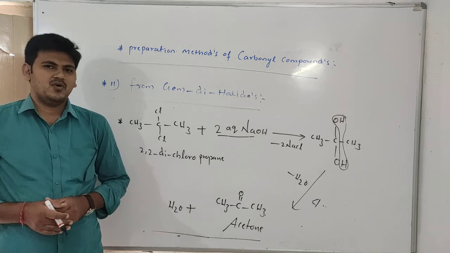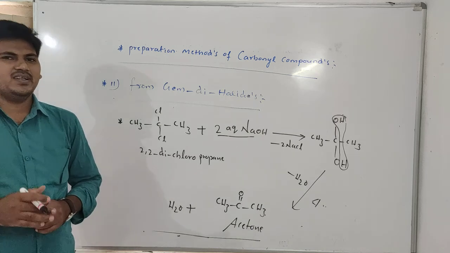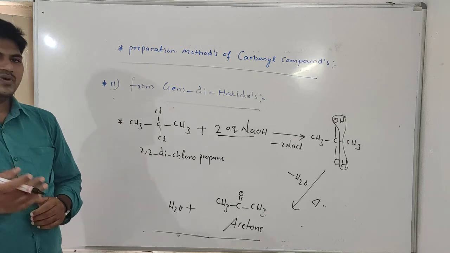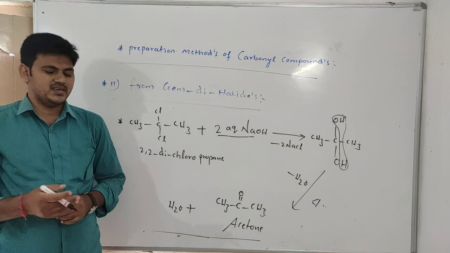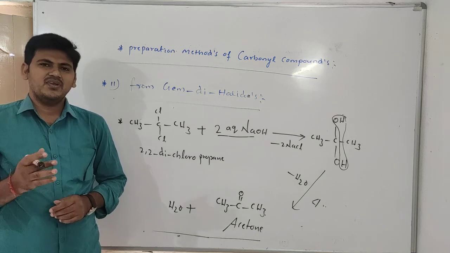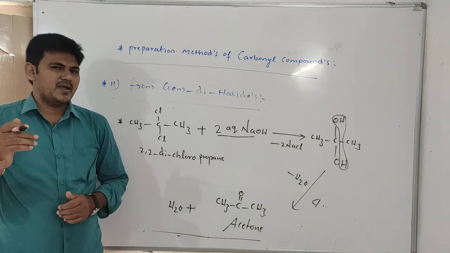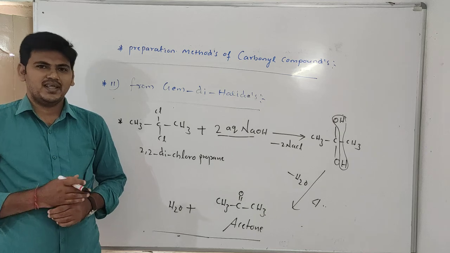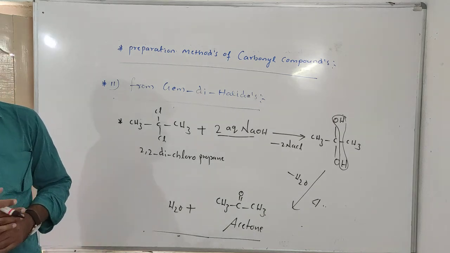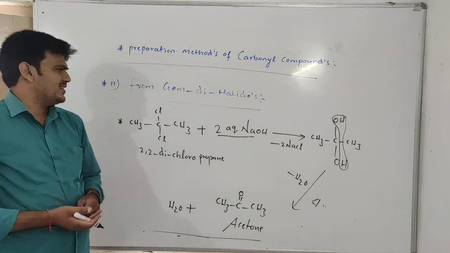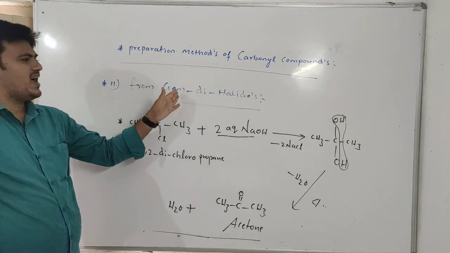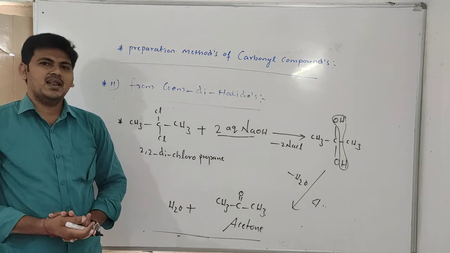So first one from alcohols, second one also alcohols, third one is alkenes or Wacker's process, fourth one is from alkynes, and fifth one very important name reaction, that is Rosenmund's reaction, and sixth one Friedel-Crafts acylation, seventh one Gattermann-Koch reaction, eighth one Etard reaction, toluene into benzaldehyde, and ninth one is Stephen reaction, and 10th one from carboxylic acids, and 11th one is from gem dihalides or geminal dihalides.